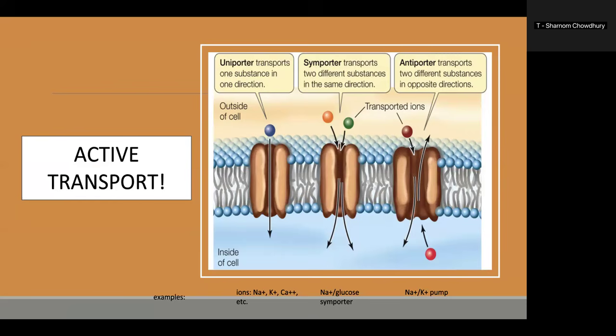Now we have what's known as active transport. Active transport typically requires energy, usually from ATP, either directly or indirectly. Carrier proteins help large polar molecules pass through. The main reason for active transport is that it is moving molecules or ions against their concentration gradient.